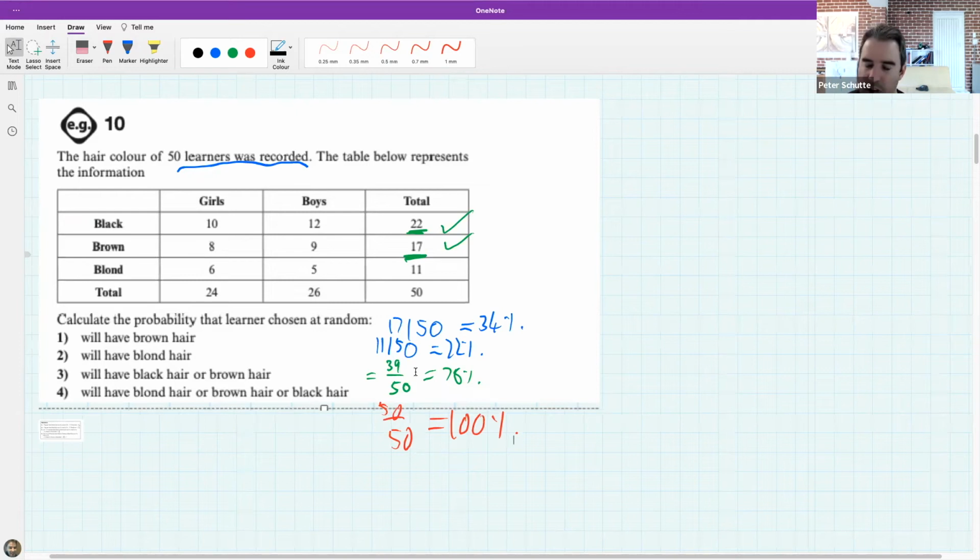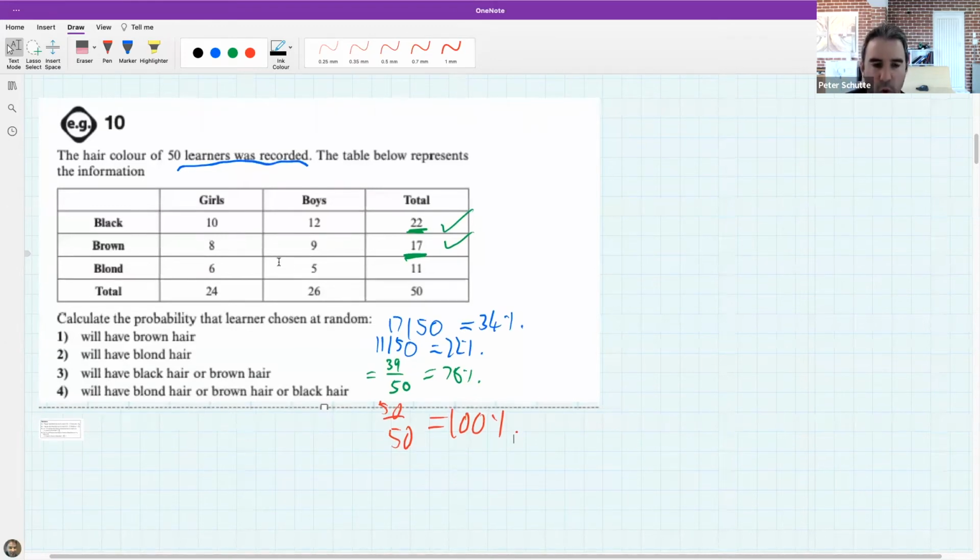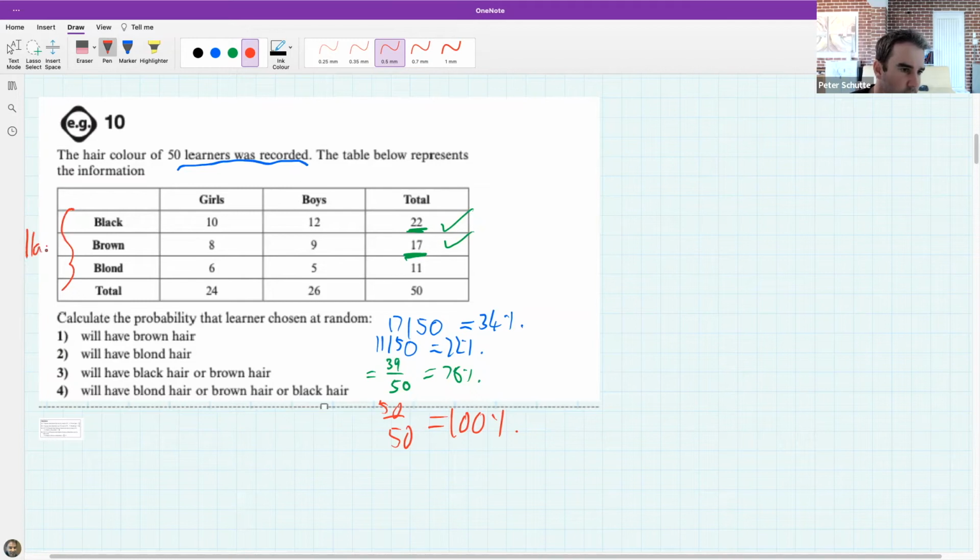Okay, so now in later questions, we might start to leave some of these tables blank. But for now, let's talk about how to work out whether or not hair color is independent of gender. If we look at this table, on this side we have hair color, so that event is hair color.